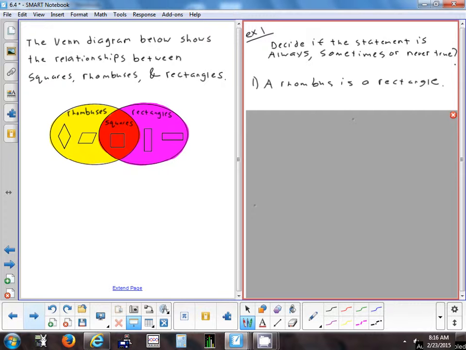But a square also falls under the rectangle category. So if your shape was a square, that's an example where it could be true. A rhombus could be a rectangle only if you had a square. So sometimes.